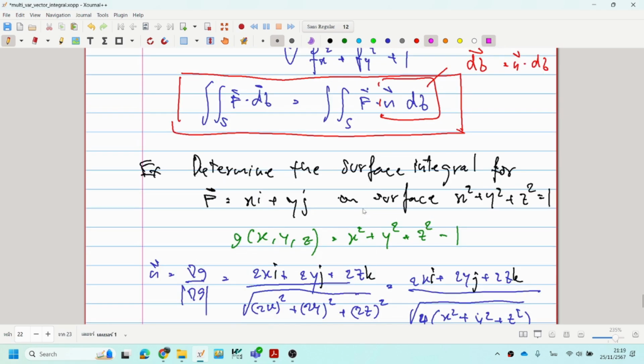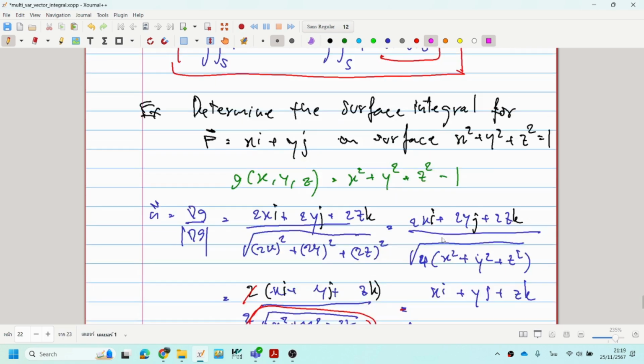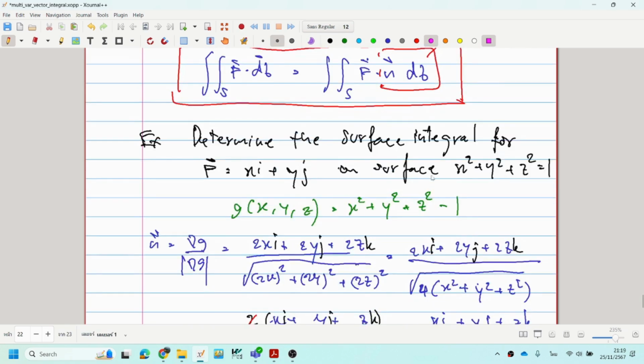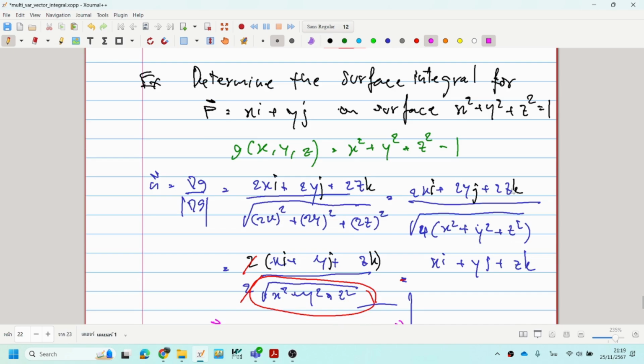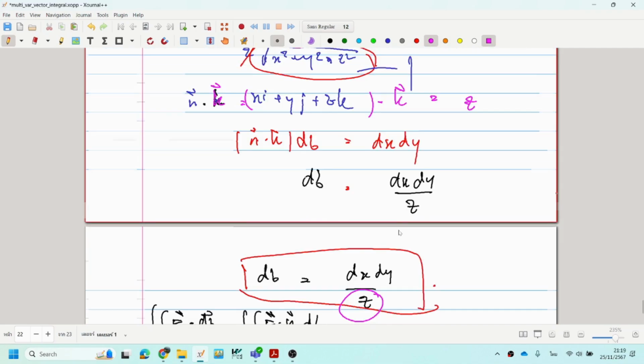Okay. Mostly you will get that function from the problem. The problem is given. Over here, the function of the surface: x square plus y square plus c square equal to 1, right? And if you need z equal to something on the right side, you must move to the other side.